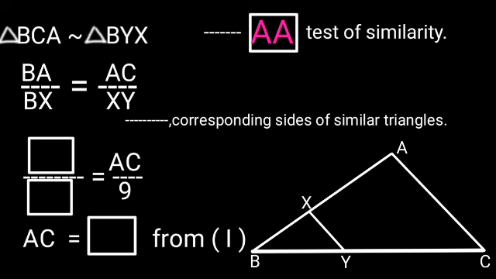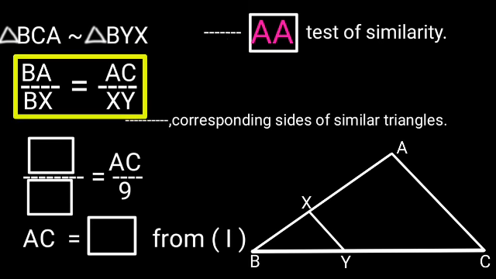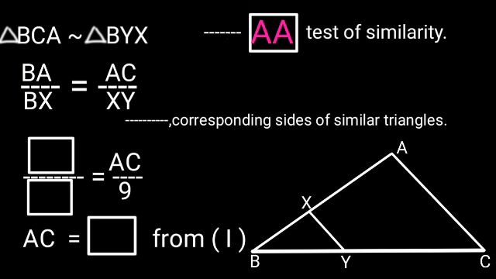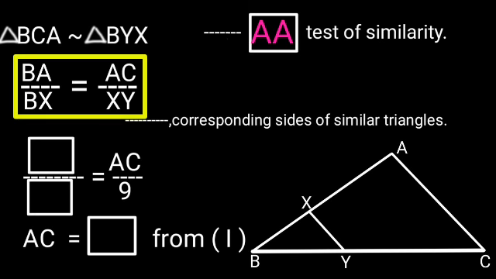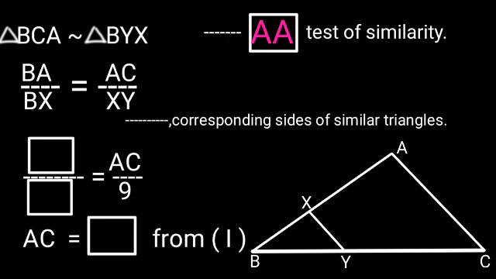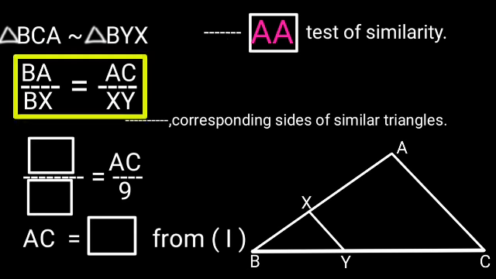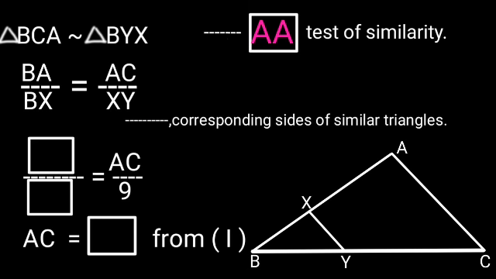By AA test, two triangles are similar, hence AB upon BX is equal to AC upon XY. The reason given is corresponding sides of similar triangles. We have already found the ratio AB upon BX is nothing but 5 upon 2, which is equal to AC upon XY.